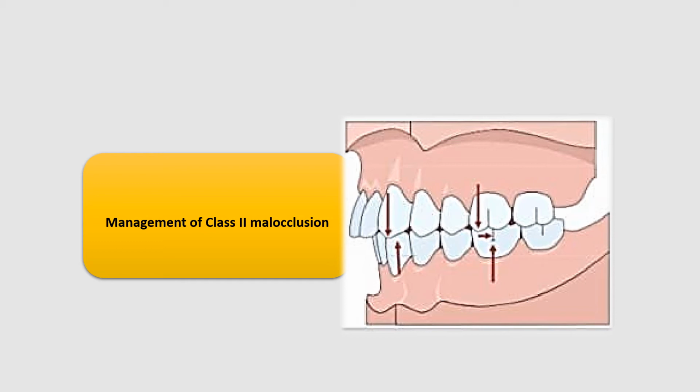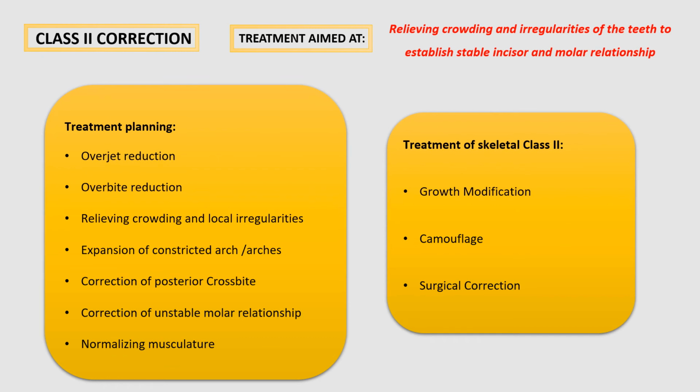So now we shall continue with the management of class 2 malocclusion. So when it comes to correcting class 2 molar relationship, the treatment is basically aimed at relieving crowding and any associated irregularities of the teeth to establish a stable incisor and molar relationship, or a class 1 molar and incisor relationship.